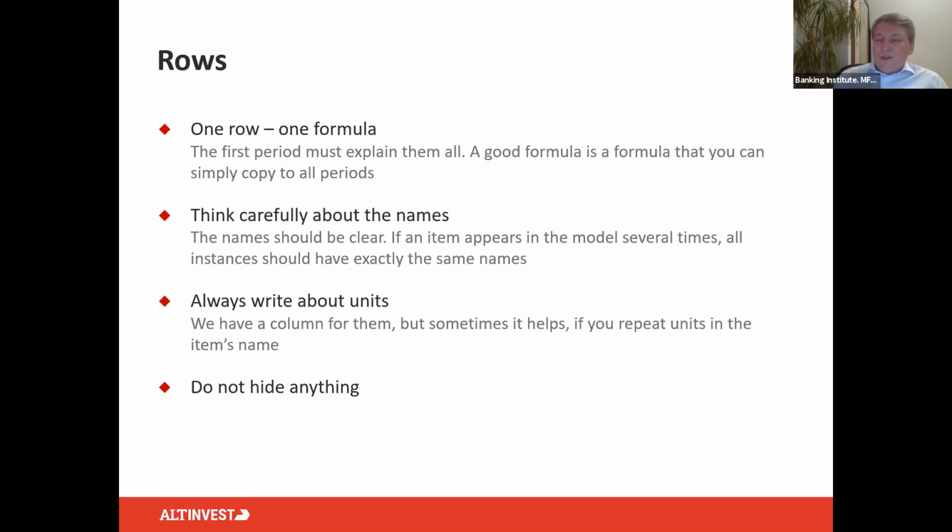In some models, you still have the first column, the first period, with some specific formula, like in my example here. But if you can keep it with one formula, you will see that your model is much more controllable.